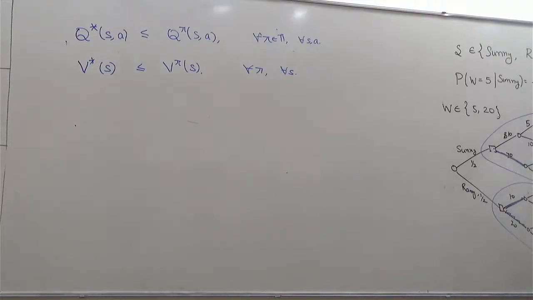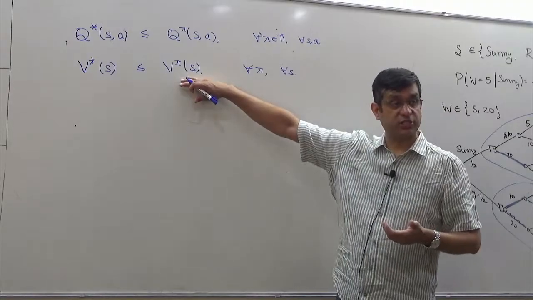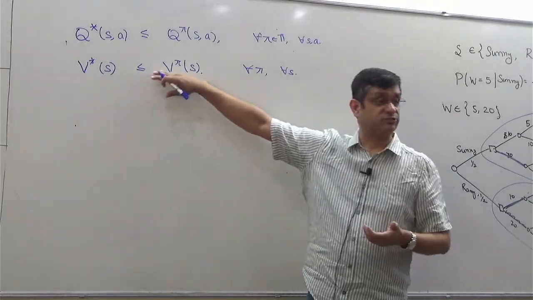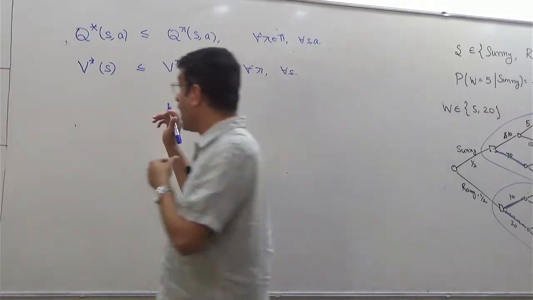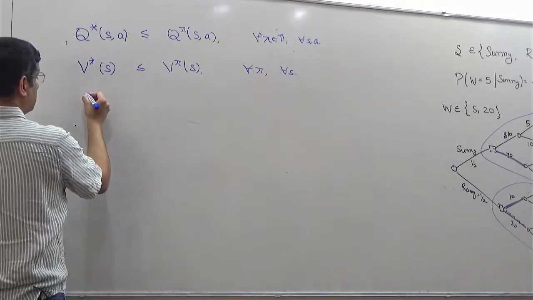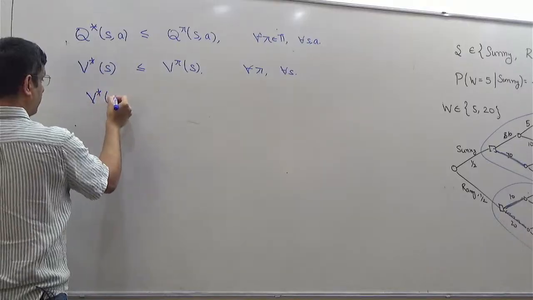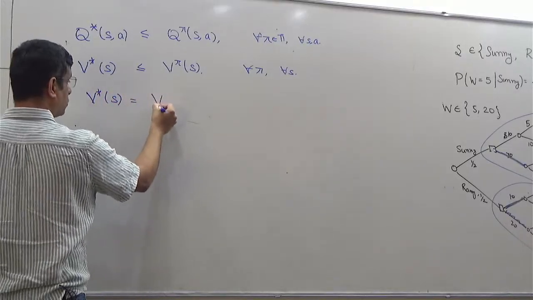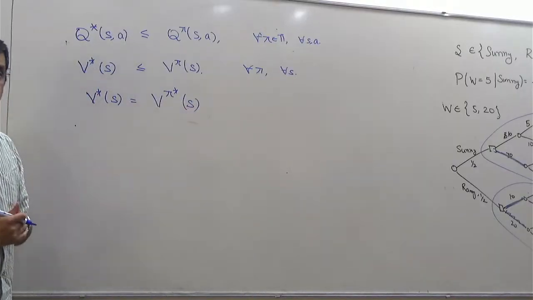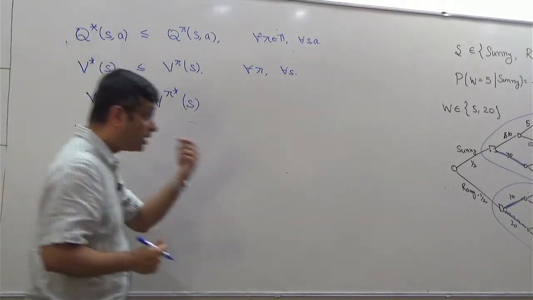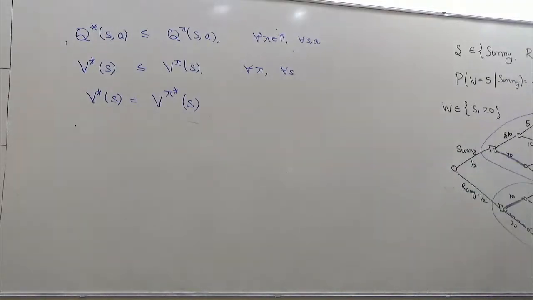So by definition of optimization, V star of S is less than or equal to any other policy at S. I have another part, that V star of S is actually equal to V pi star of S. The policy that I picked, which was always the argmax, clearly should be equal to this, right? This is the definition of argmax.